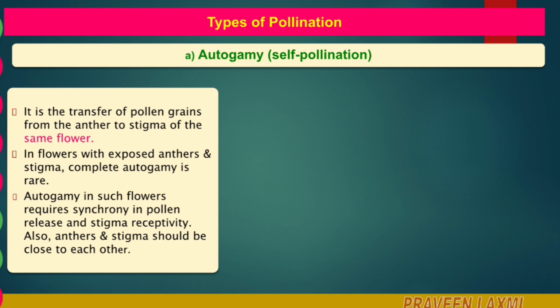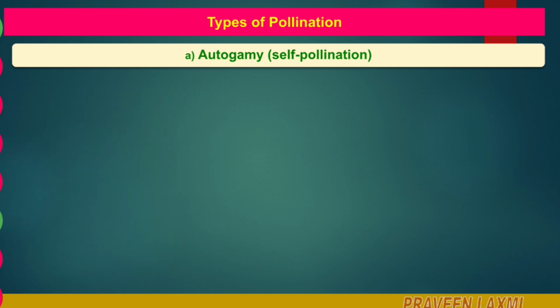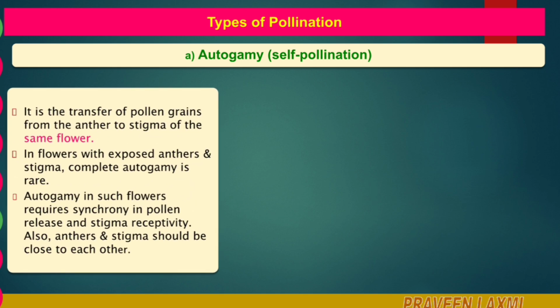So here what happens? The transfer of pollen grain from anther to the stigma of the same flower is called autogamy. The flower with exposed anther and stigma completes autogamy. So the flower that is undergoing autogamy should have what type of flower?